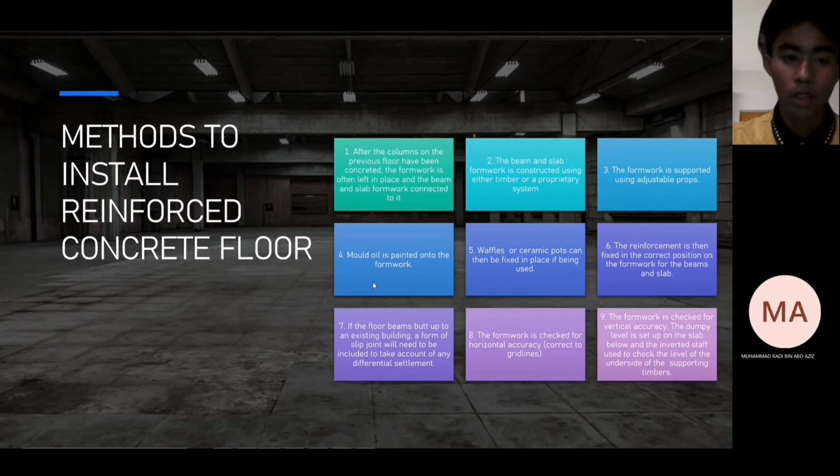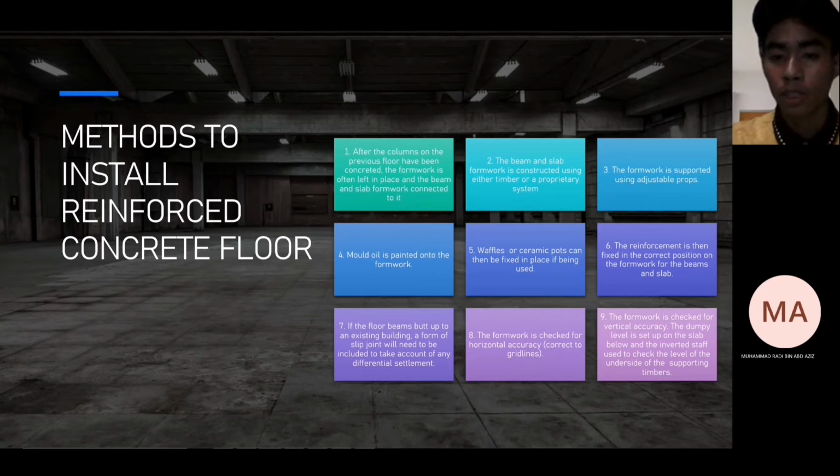Next. Method to install reinforced concrete floor. After the column on the previous floor has been concreted, the formwork is often left in place and the beam and slab formwork connected to it.